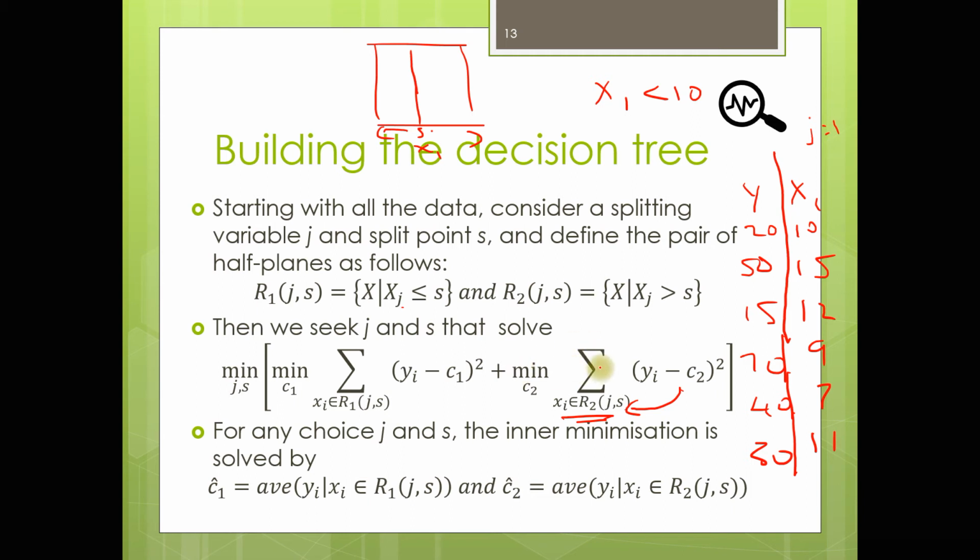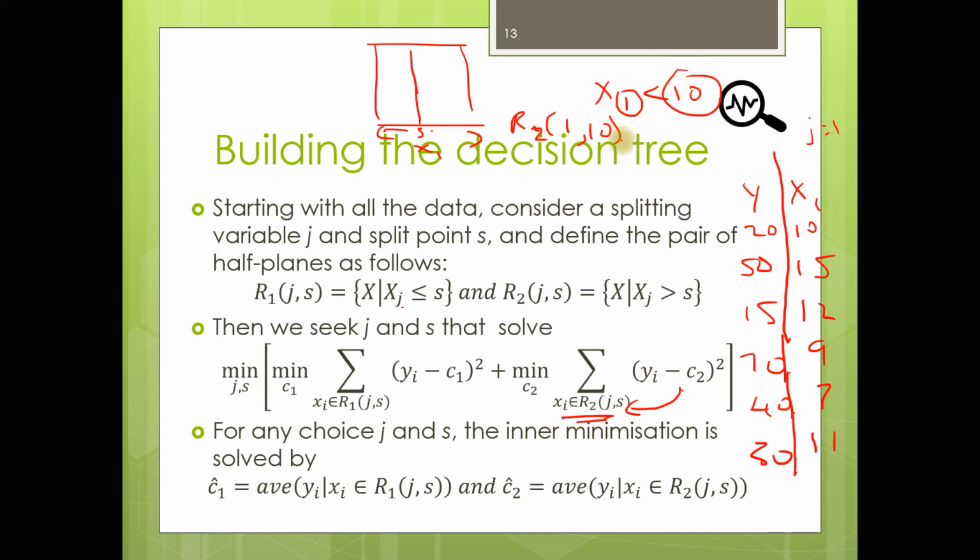So what does this principle state? This principle states basically that for this specific region, x1 belongs to region 2 here, to half plane 2. What does half plane 2 mean? Half plane 2 can be written as R2 with j equal to 1. If I took x1 as an example, j is equal to 1, and s is equal to 10, because s equal to 10 is a split point.